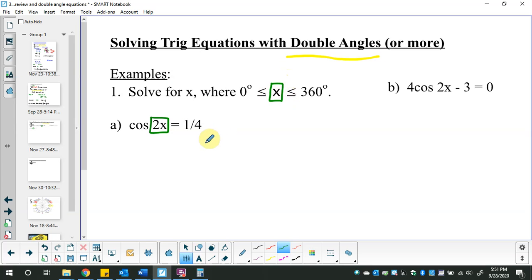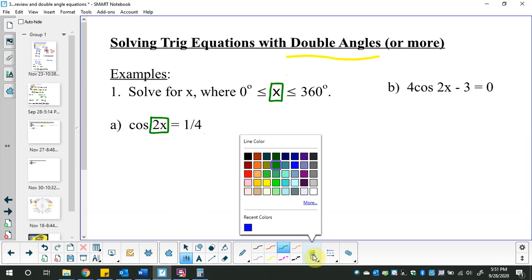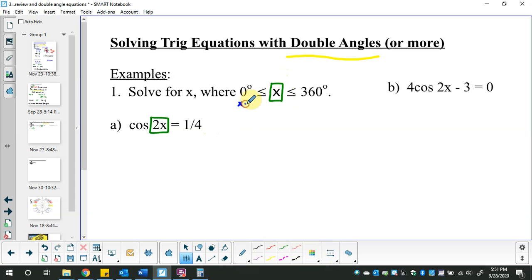So you've got to make it match. And it's really quite simple to make it match. All you do is you multiply by whatever you need to. So for me, I have to multiply this by 2, this by 2, and this by 2. Why 2? Well, because I need a 2.